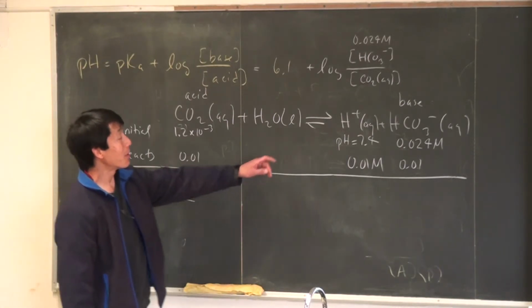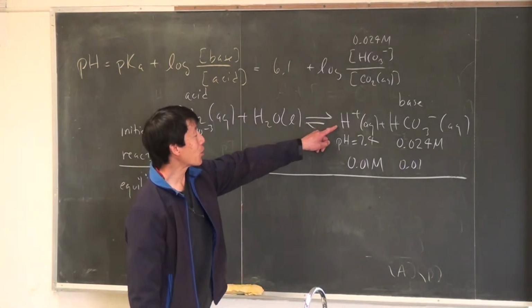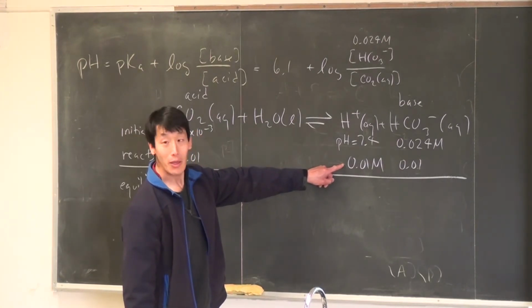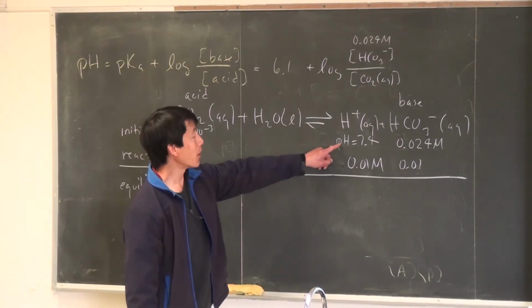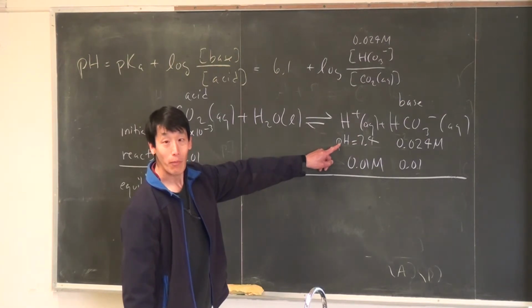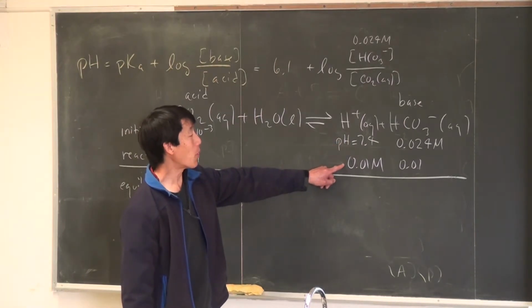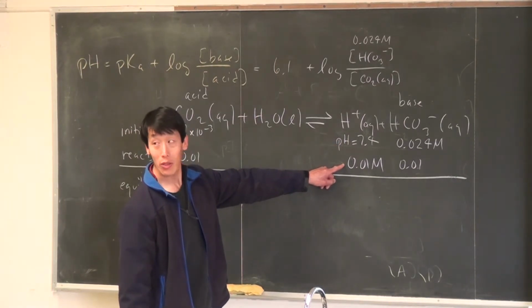Okay, so who says that we need to subtract 0.01 from the initial amounts? Who says we need to add 0.01 from the initial amounts?